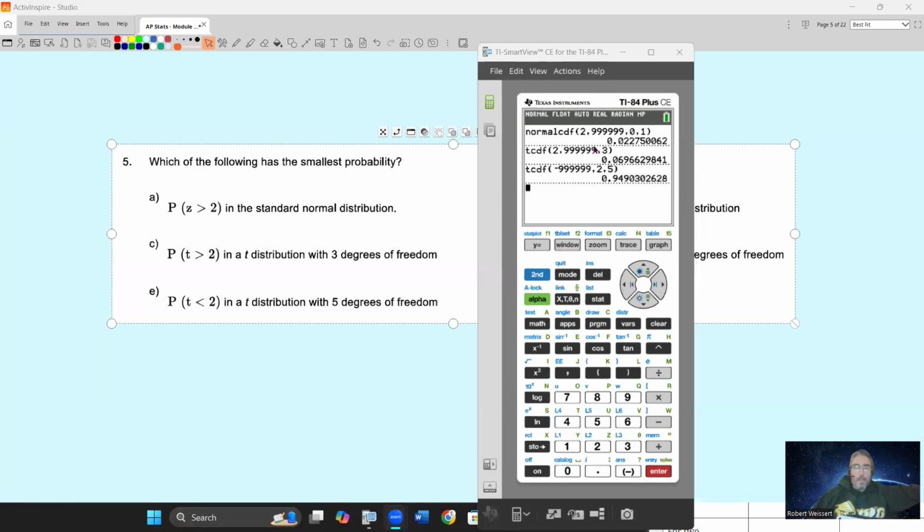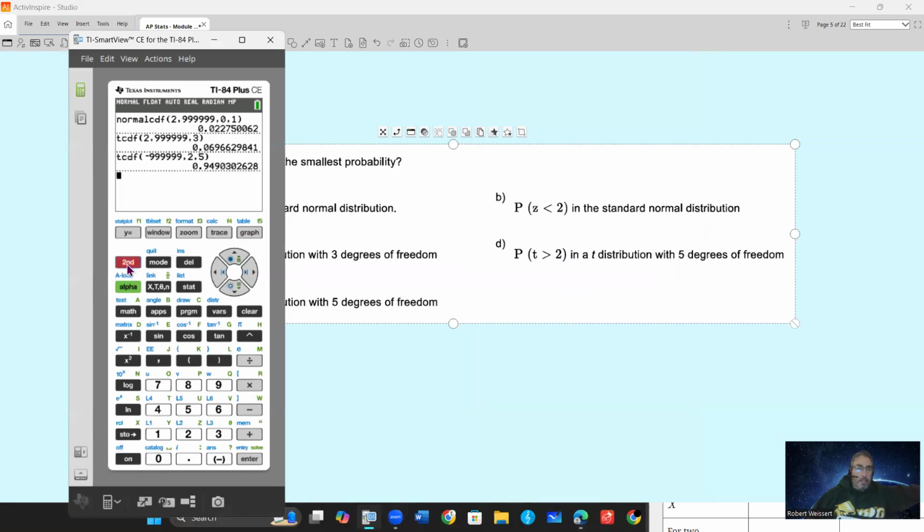That's the idea here, and we can go through and just get the other two. Actually, 94.9%. This one's going to be a normal CDF. Z is normal, so second vars, option 2. Z is less than 2, so I go from negative infinity to 2, keeping it at 0 and 1. And you're going to get 97.7%.